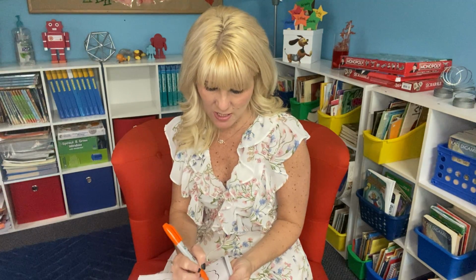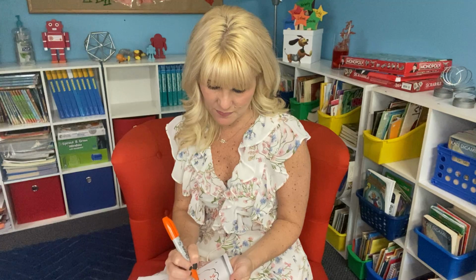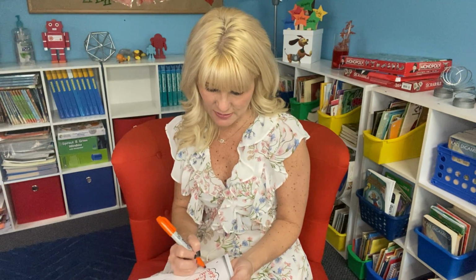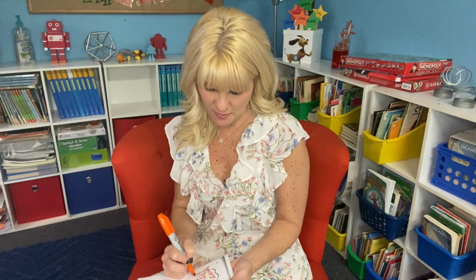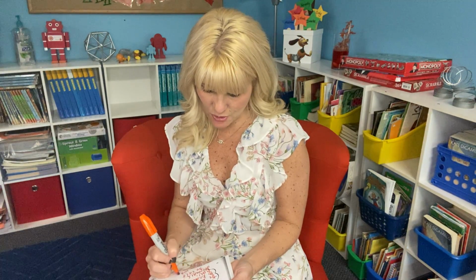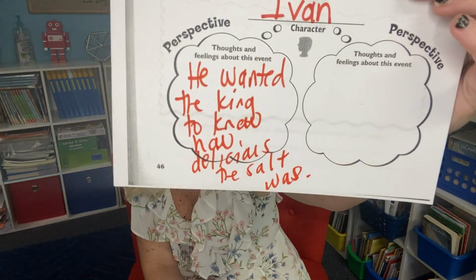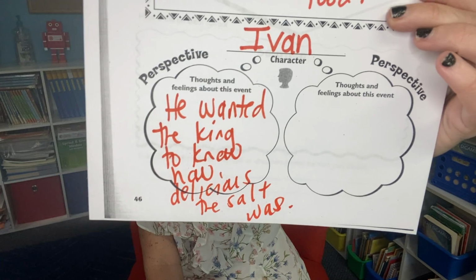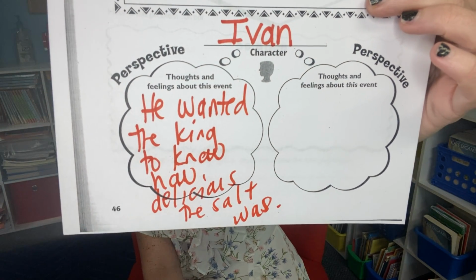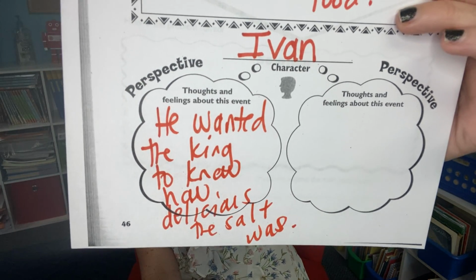So we can put here, he wanted the king to know how delicious the salt was. You have more room than me because I'm writing really big with a marker. And you can put, so he would give Ivan silver and gold.